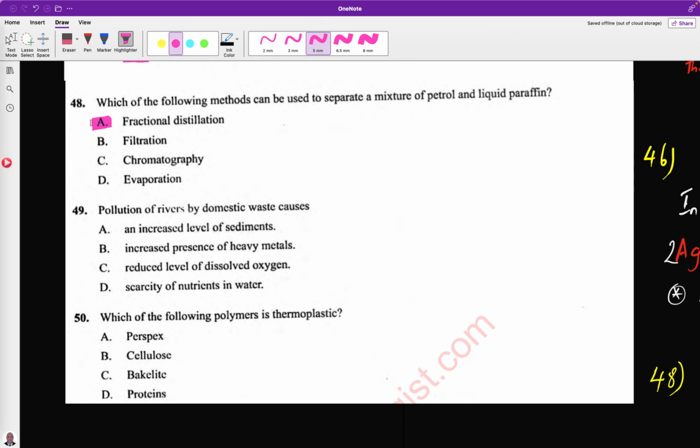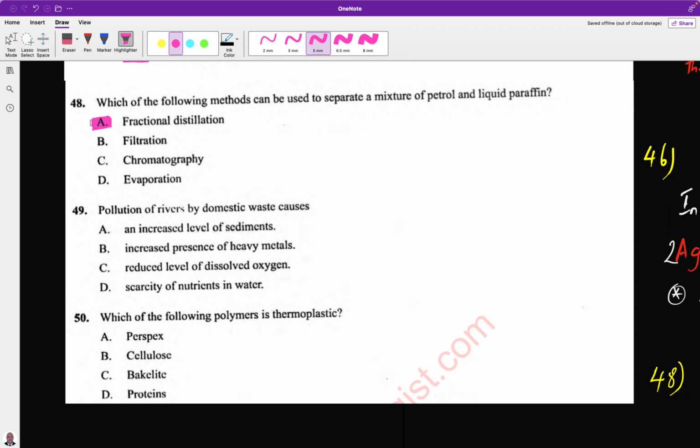Pollution of rivers. Remember, when all this domestic waste gets into the waters, there is going to be oxidation taking place. The pollution is going to reduce the concentration of dissolved oxygen.